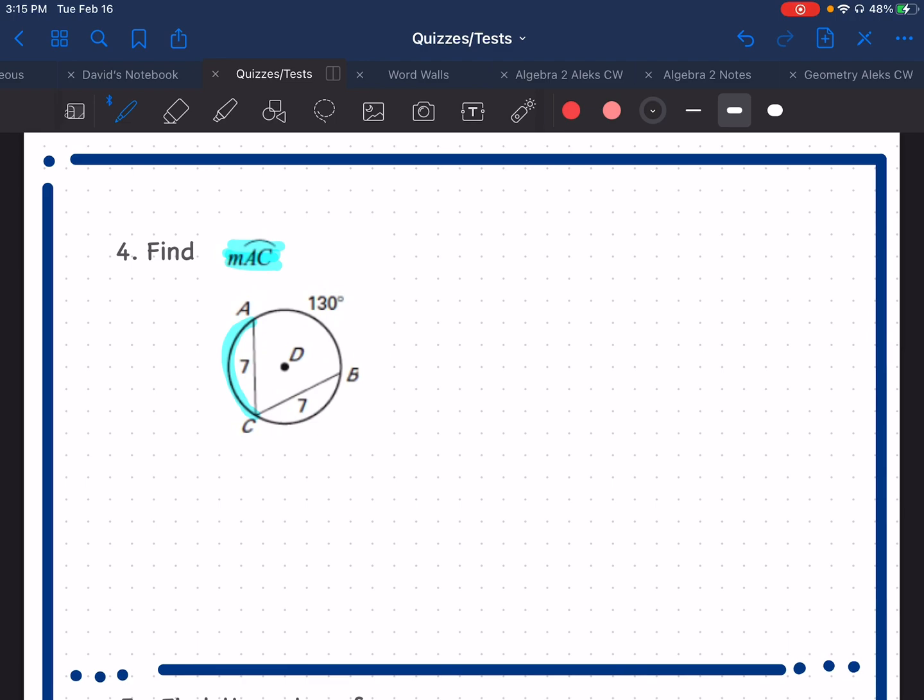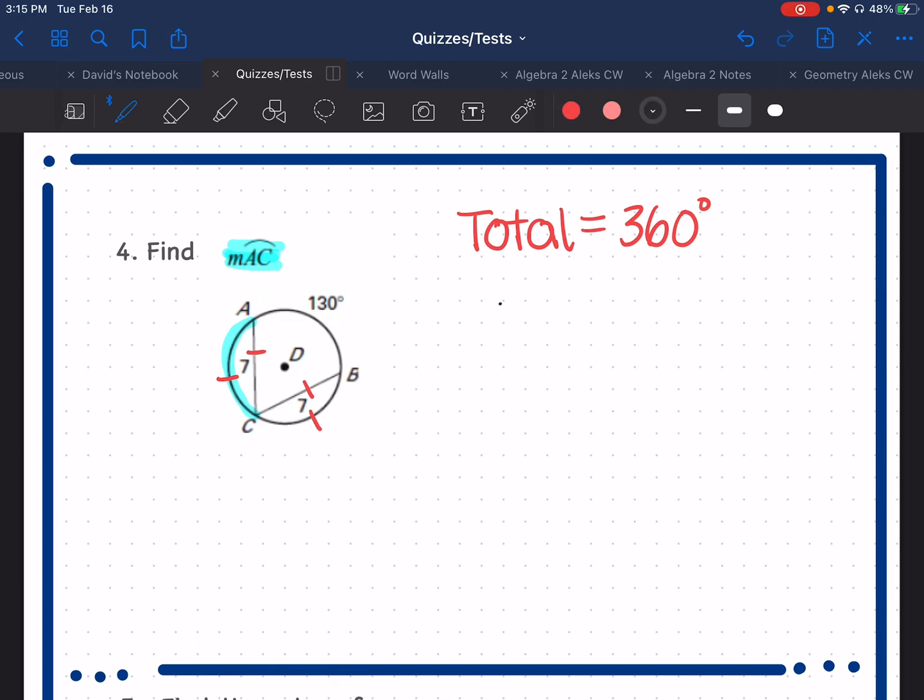What I am noticing is that I have two equal chords. Since the chords are equal, we learned in the last lesson, the arcs are equal. Remember the total degrees, if I go all the way around my circle, is 360 degrees.